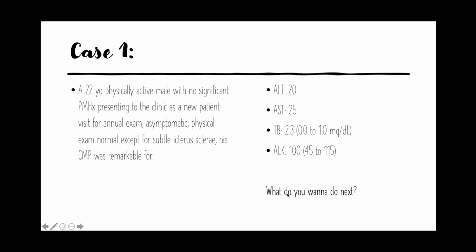So what's the abnormal thing in his CMP? The bilirubin. Okay, so total bilirubin, right? Total bilirubin. So what do you want to do next? We would need direct and indirect bilirubin. Okay.